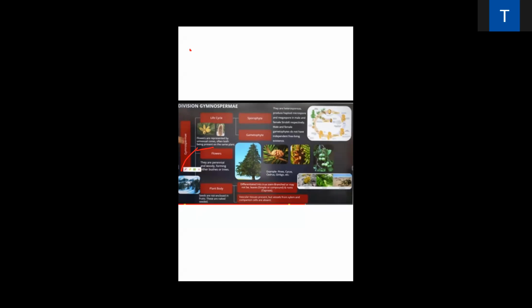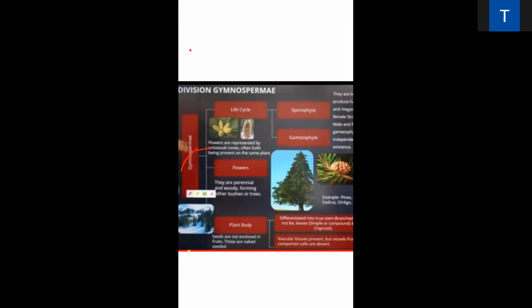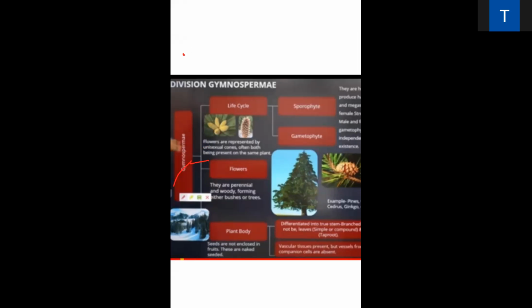Flowers are represented as unisexual here. Cones are present, often both being produced on the same plant.